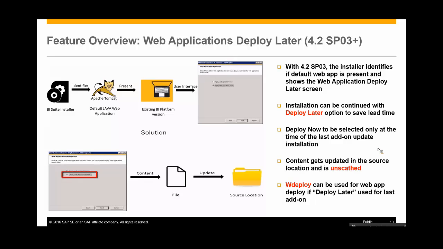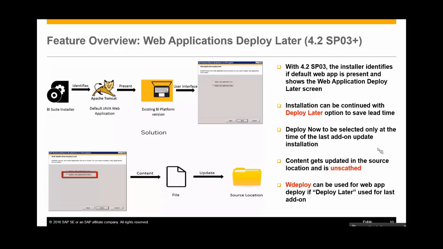In this case, you might ask me a question: what happens if I choose the deploy web applications later option for the last add-on? In that case, you can always go back to your wdeploy tool and deploy the web applications separately.